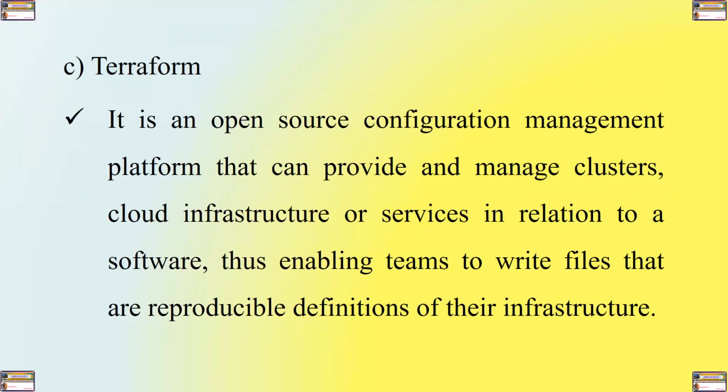Number three is Terraform. It is an open source configuration management platform that can provide and manage clusters, cloud infrastructure, or services in relation to a software, thus enabling teams to write files that are reproducible definitions of their infrastructure.